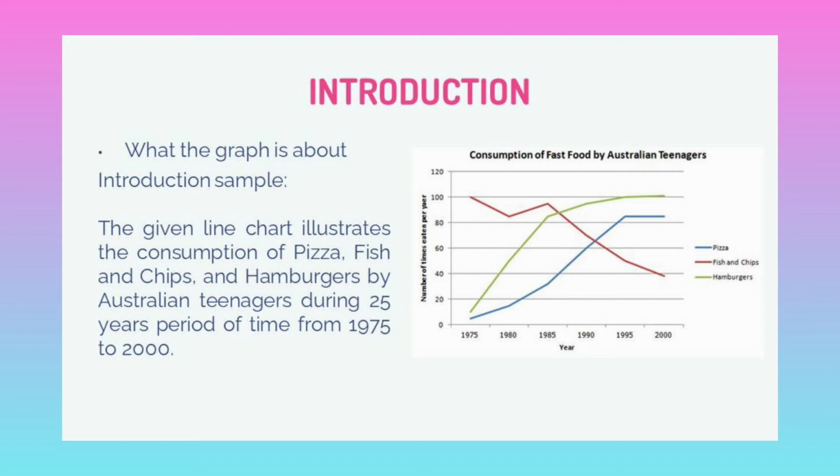Instead, it writes the categories of fast food, which are pizza, fish and chips, and also hamburgers. And it also adds the period of time or the duration, which is 25 years. It is to avoid the similarities between the title and the introduction.